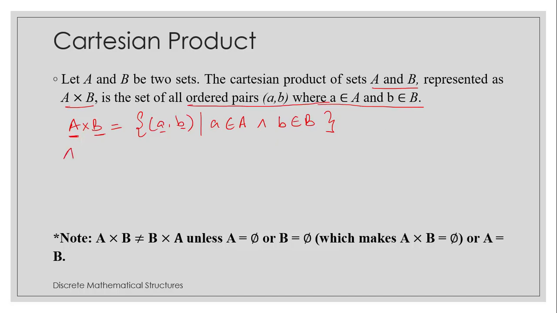Now for example, let's consider two sets. A is equal to {a, b} and set S is equal to {1, 2, 3}.